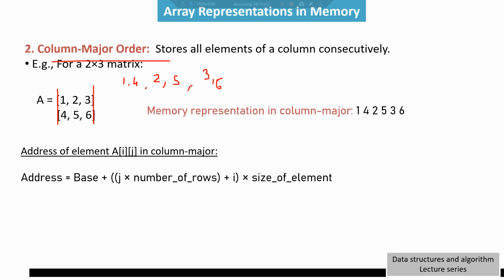So you are printing the elements column wise, right? Suppose you are given the base address of this as 1000, then the memory address of element 4 will be 1004. Then the memory address of 2 will be 1008, and so on.